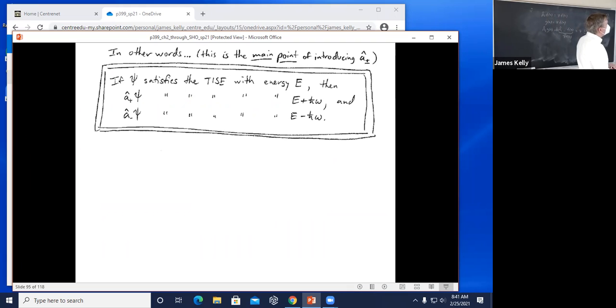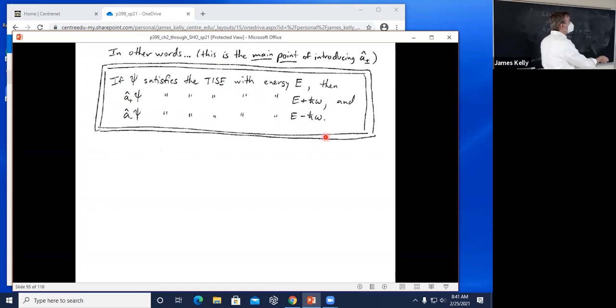Okay, so here's the punchline of that theorem. In other words, if psi is an energy eigenfunction with energy E, then A plus psi is a linearly independent eigenfunction with eigenvalue E plus h bar omega. And A minus operating on psi is another linearly independent eigenfunction with a different eigenvalue, E minus h bar omega.